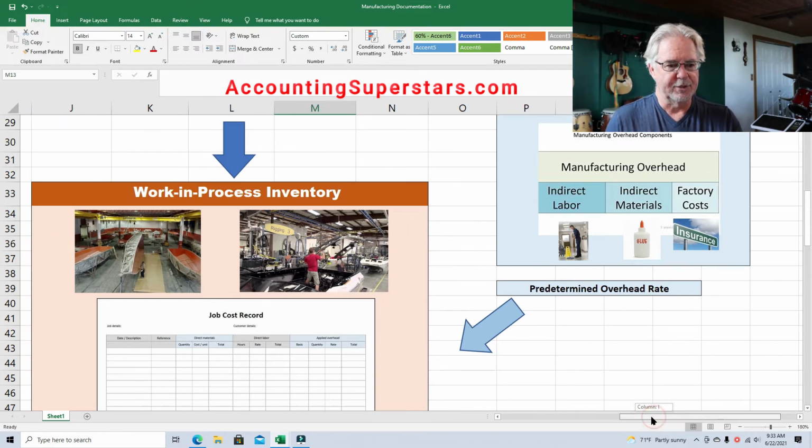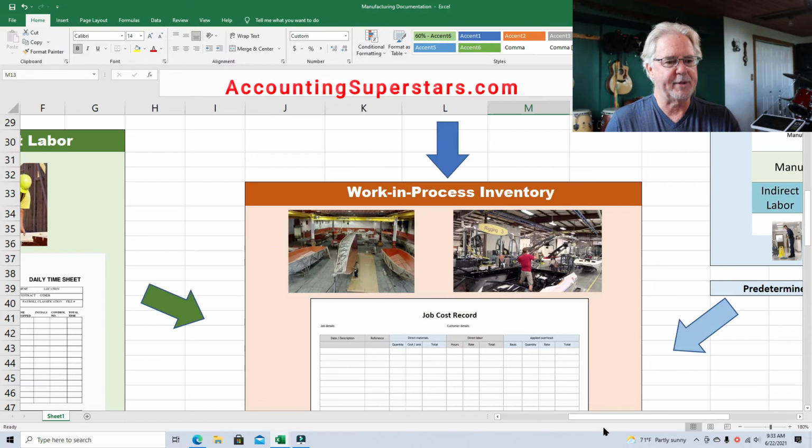So coming back over here, you probably can't see this on your computer screen, but here in this far right-hand set of columns here for the job cost record, they've got applied overhead. So this is where they would add the overhead. So on this job cost record, we've got columns here for materials and labor and overhead.